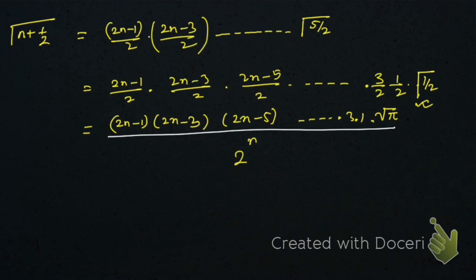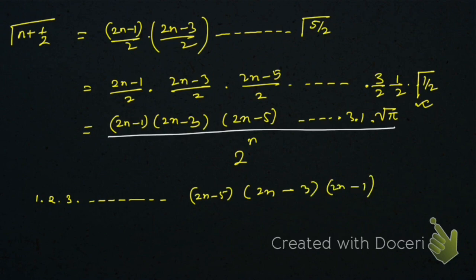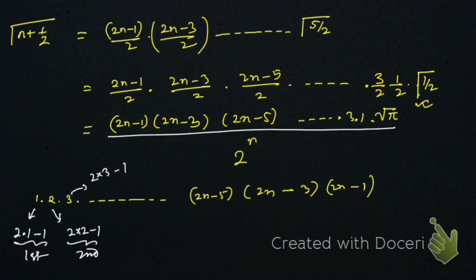Let me explain it again if you are confused. 1 into 2 into 3 into so on, that is 2n minus 5, 2n minus 3, and 2n minus 1, right? So here you can see this 1 can be written as 2 into 1 minus 1, that's going to be again 1. This 2 can be written as 2 into 2 minus 1, this is the second term, this is the first term. And the third term can be written as 2 into 3 minus 1.